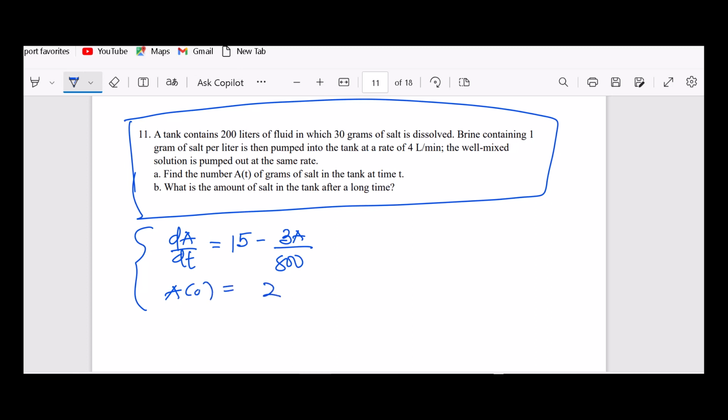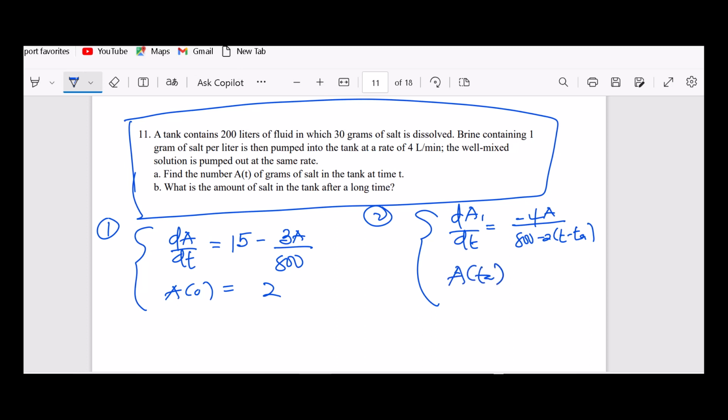So this is IVP1, and the second IVP will now be dA/dt equals negative 4A all over 800 minus 2 into brackets T minus T of A, and then we have A of T of A equals 500 ounces.